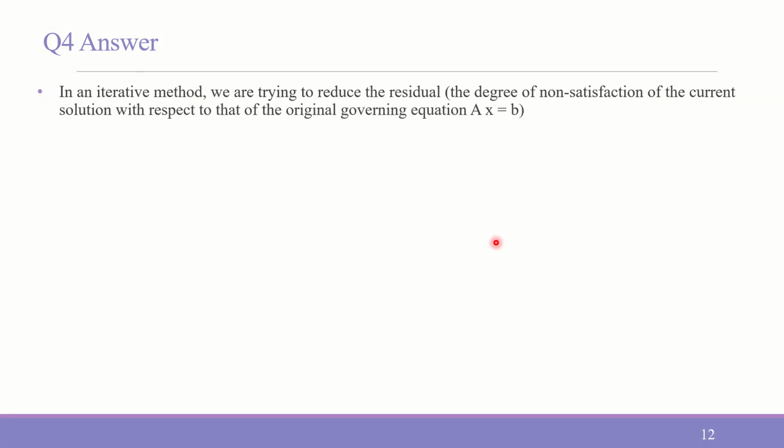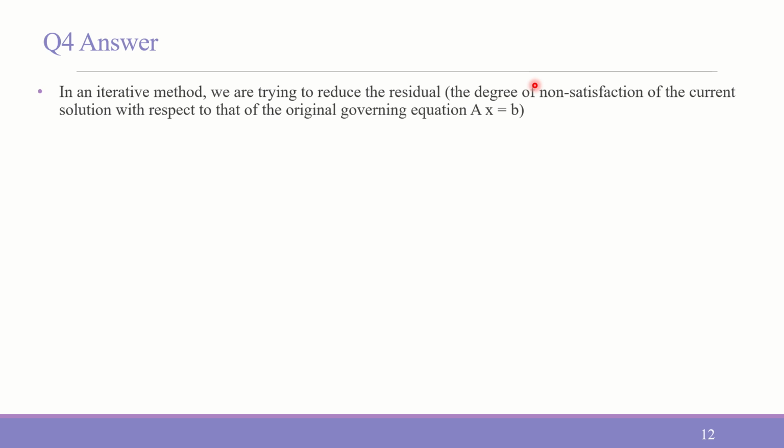So in an iterative method, our ultimate aim is to reduce the residual. Residual is like, Ax equals b we have, and x2 minus x1, something like that. It is the degree of non-satisfaction of the current solution with respect to the original governing equation, Ax equals b. So when we are comparing our solution and the original governing equation solution, the residual should be very low.